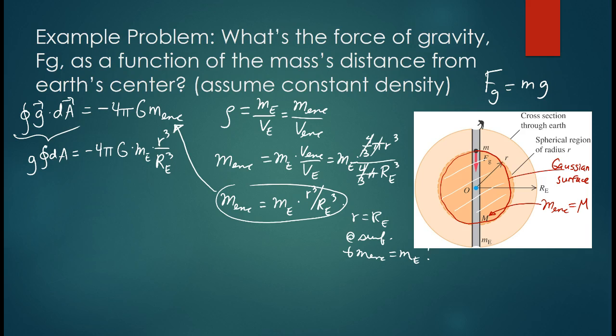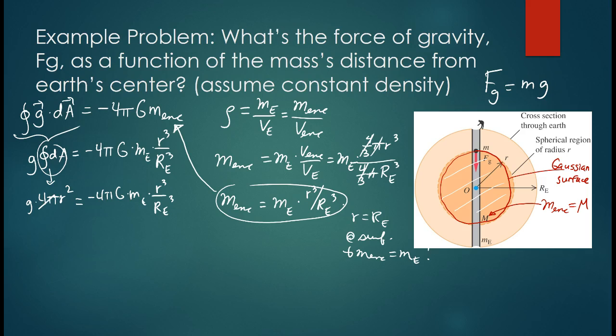And we can also say that the integral of dA is 4 pi times little r squared, because this is the area of the Gaussian surface, not of the entire Earth, but just of this Gaussian surface that we've chosen. That is equal to -4 pi G mass of the Earth times little r cubed over big R cubed.